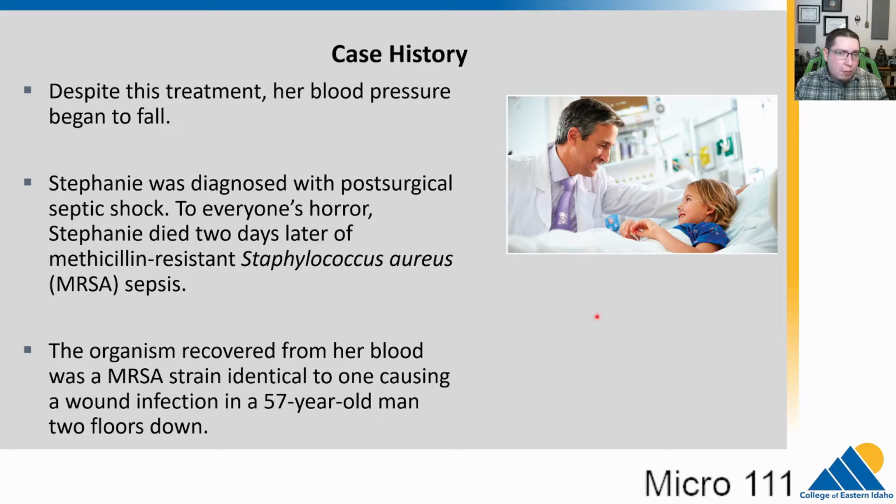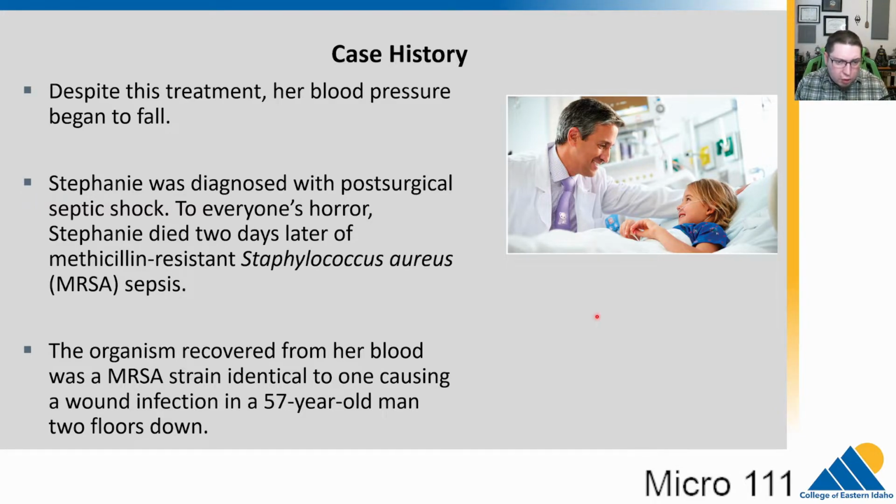Despite this treatment, her blood pressure starts to fall, and she goes into post-surgical septic shock, and unfortunately dies 2 days later, and they identify it as methicillin-resistant Staphylococcus aureus, or MRSA, and this caused sepsis and infection of the blood, which led to all of these symptoms and ultimately death.